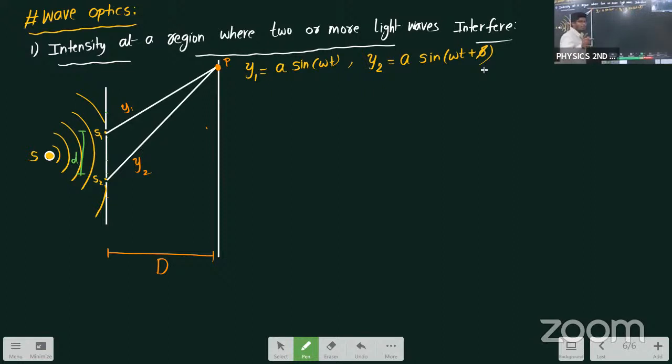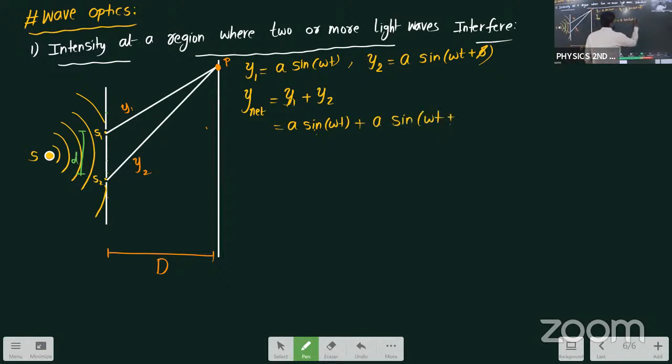So according to the principle of superposition, I can write net displacement is equal to the sum of the individual displacements, y1 plus y2. So y1 is a sine omega t, plus y2 is a sine omega t plus phi.